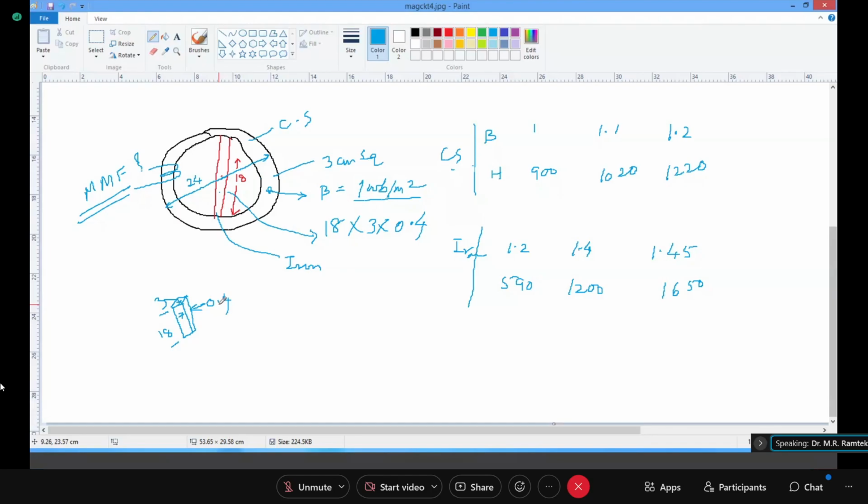Sir, is 24 the mean diameter or the outer diameter? I told you it is outer. It is clearly indicating outer ends. If it's average, it will be shown something like this.